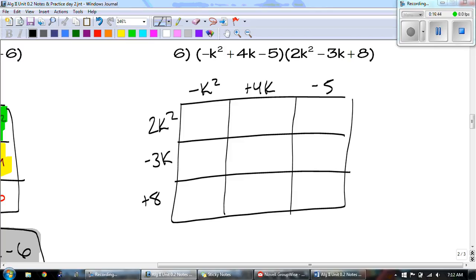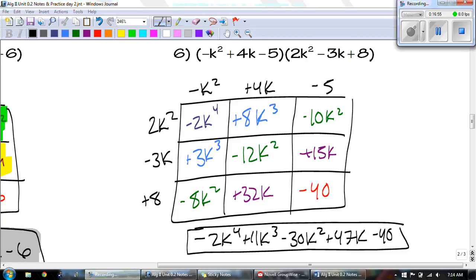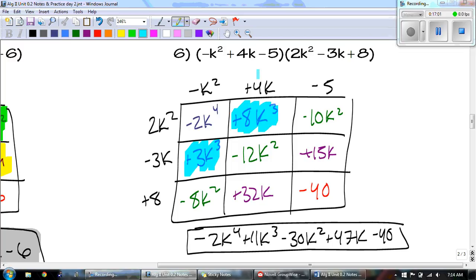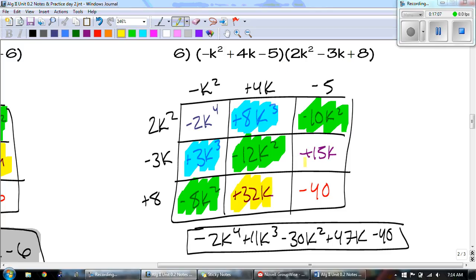Good luck. Okay, and there's my final answer. This one was nice because once again, if you're looking at our diagonals, that's where all of our like terms were at. Okay, and then our final answer is right there.